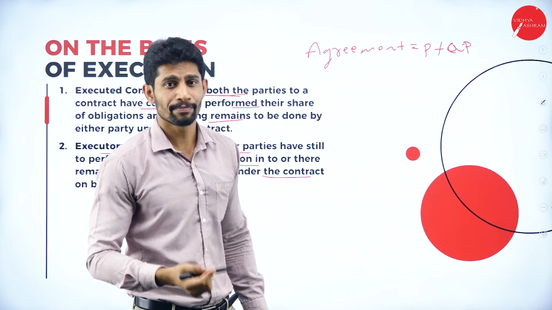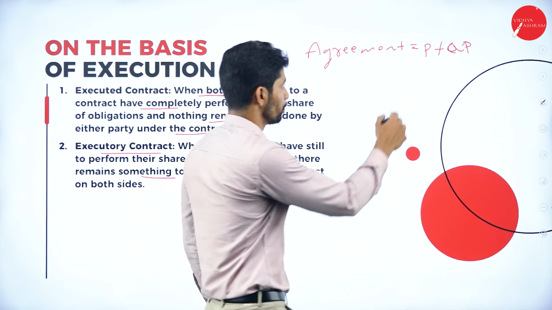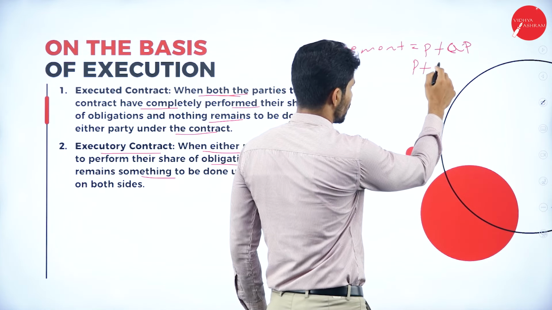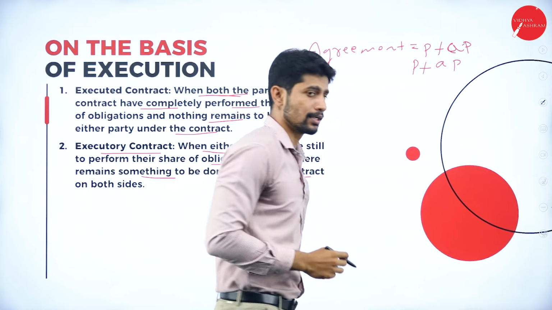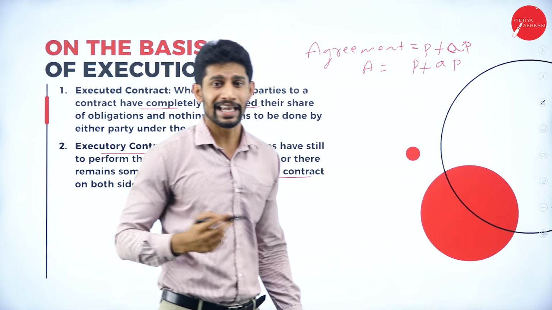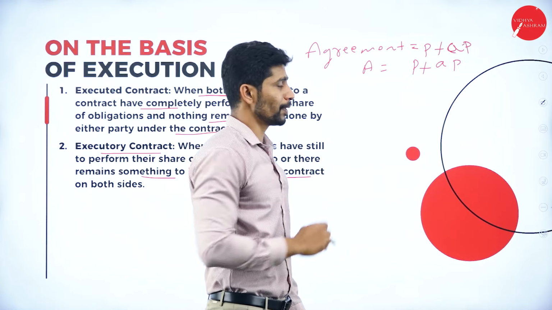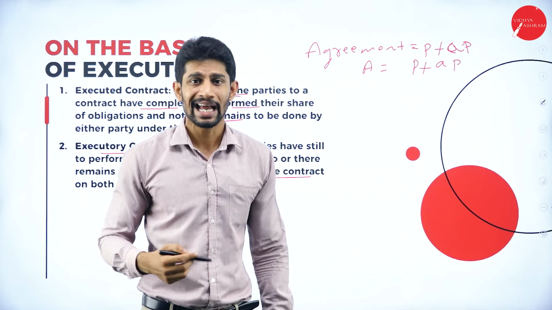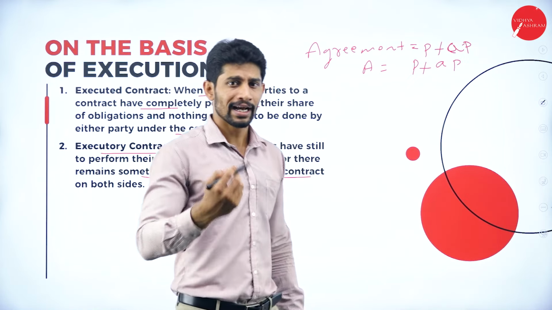In a very easy format you can learn it: A, agreement, equals P plus AP, that is proposal plus acceptance of proposal is called agreement.